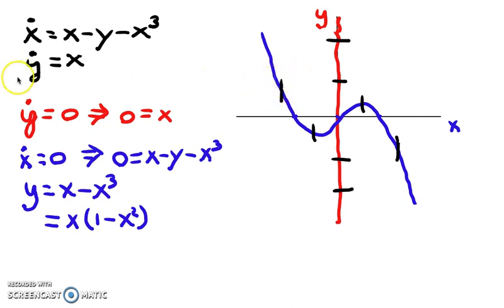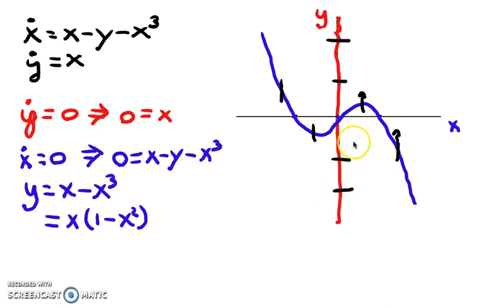That seems to be easier in this problem. y dot is equal to x, so that means that the rate of change of y always has the same sign as x. So if x is a positive number, which it would be to the right of the y nullcline, the rate of change of y is positive, which means that y is increasing. So I know not just that the solution is going to go vertically, but that it's going up across the x nullcline.